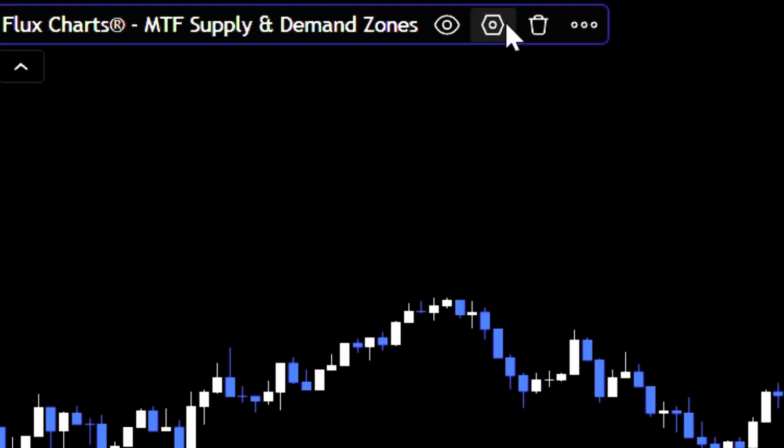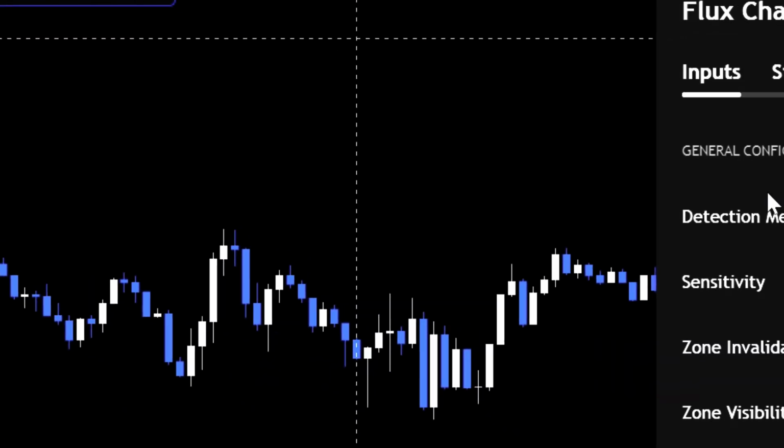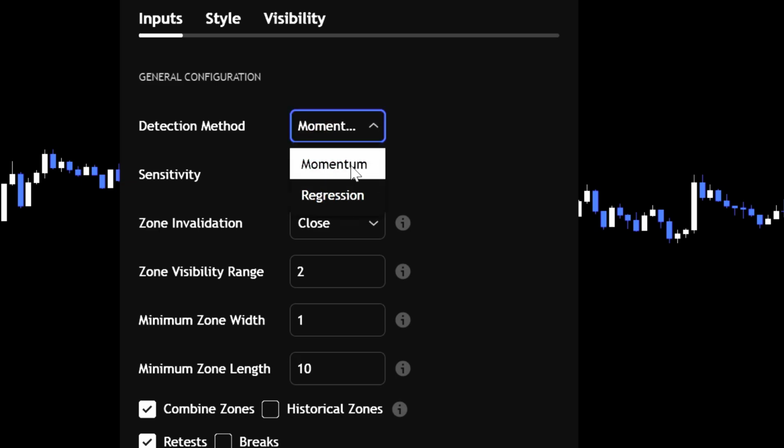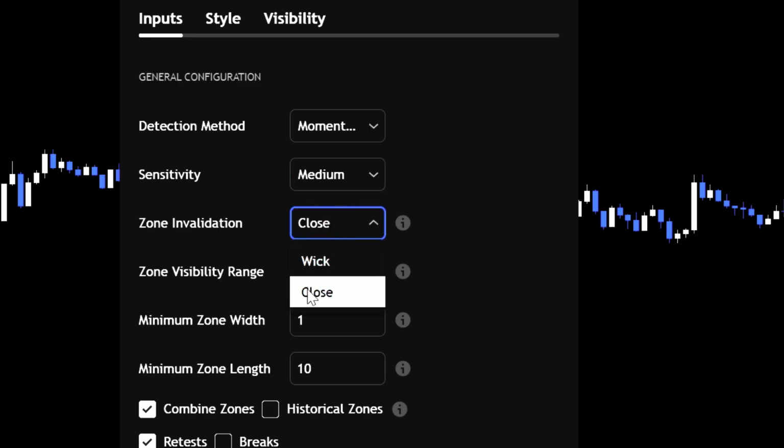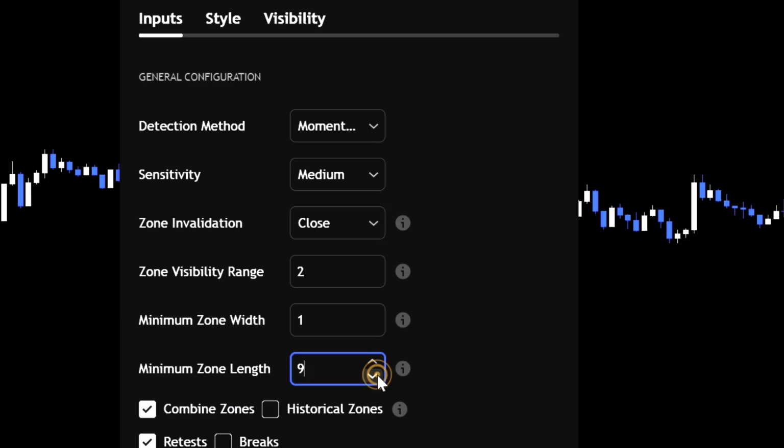For example, when I'm on the 15-minute Bitcoin chart, I set the detection method to momentum, sensitivity to medium, zone invalidation to close, zone visibility range to 2, minimum zone width to 1, minimum zone length to 7. These are my go-to settings for filtering out noise and getting the cleanest supply and demand signals. This makes it the best supply and demand indicator for precision.